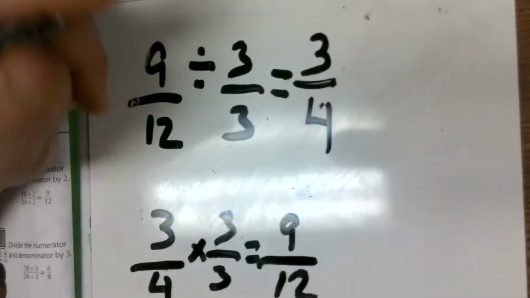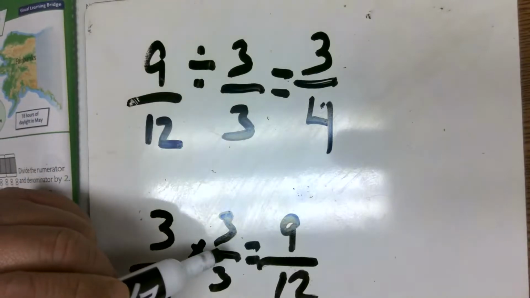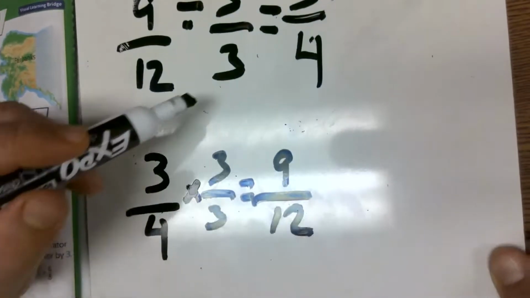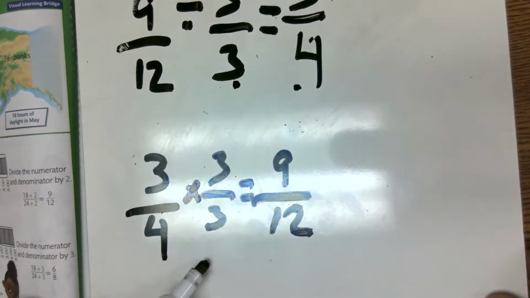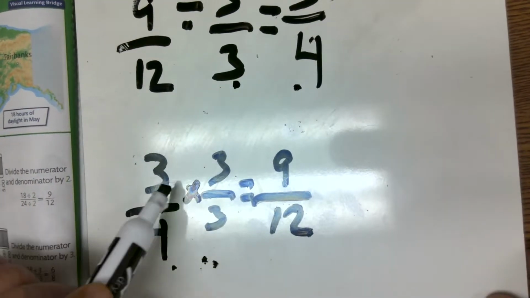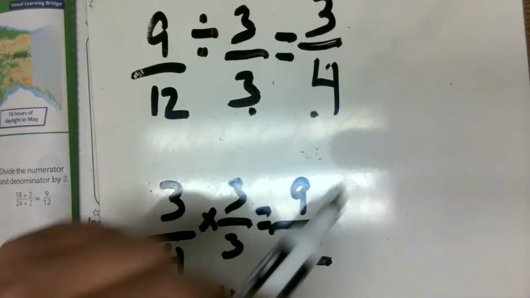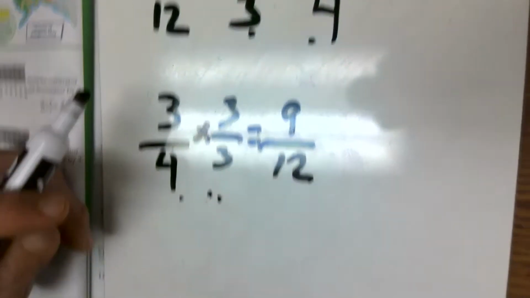So up here we had 3 times 3 equals 9. Then I took 3, multiply that by 4, and I get 12. 4 times 3 is 12. 3 times 3 is 9. These all have to match. Why?